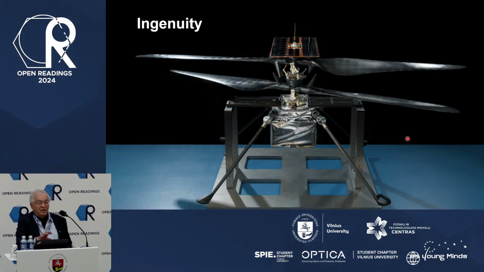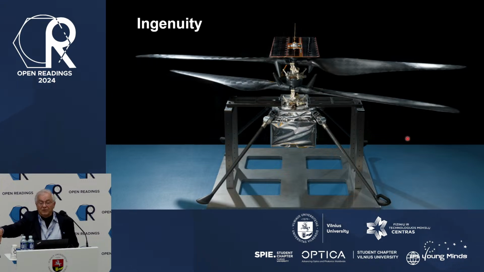So the whole helicopter had to be done within 1.5 kilograms. All the electronics, everything on it, the blades, everything had to be on 1.5 kilograms. And that's not the only challenge. The other challenge, again, because we have the time delay, is that the helicopter had to be smart enough when it's coming to land. That was our biggest challenge: it takes off and then comes down to land.